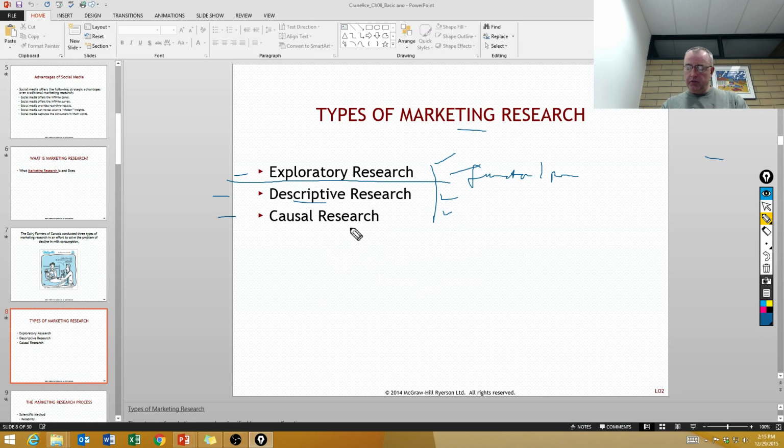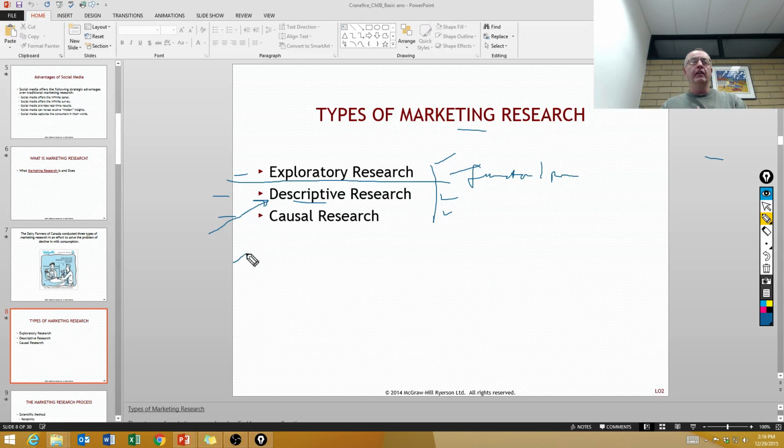So an example of descriptive research from the book, again back to our Canadian Dairy Farmer Association example. They discovered, as part of their descriptive research, that people thought milk was fattening and high in cholesterol.